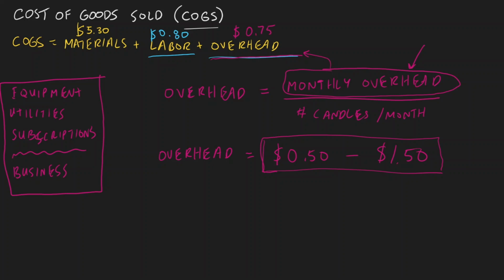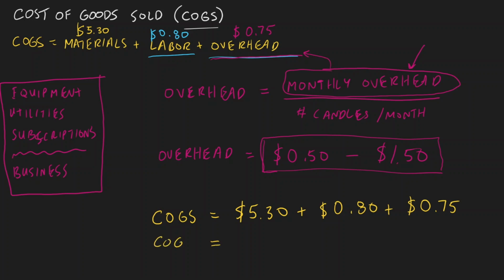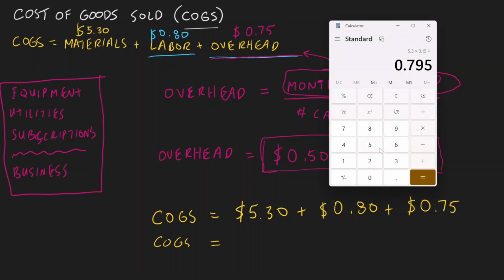So, putting it all together, our total COGS with our simple example is going to equal our materials, which is $5.30, plus our labor, which was 80 cents, plus our overhead, which we're adding a flat fee of 75 cents, which means our COGS equals, and someone's probably already figured this out before me, we'll say $5.30 plus 80 cents plus 75 cents.